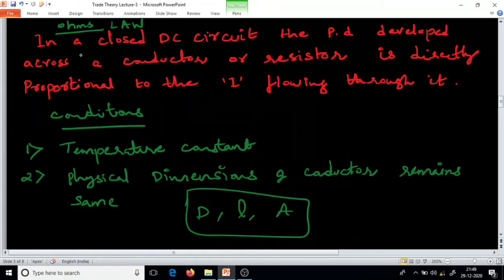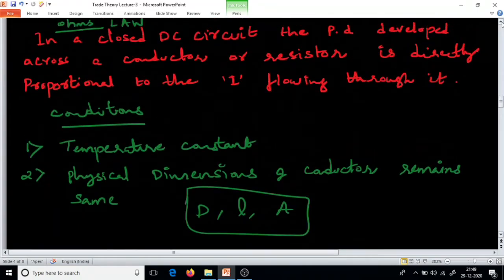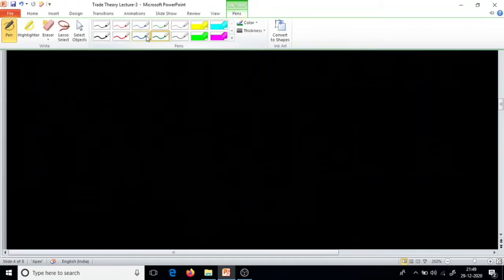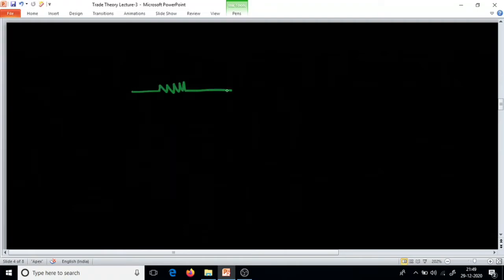In a closed DC circuit, the potential difference developed across a conductor or resistor is directly proportional to the current flowing through it. Now we'll quickly see what it means. We have a circuit, and a resistor here.